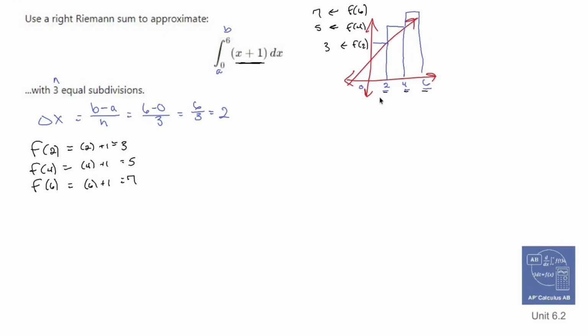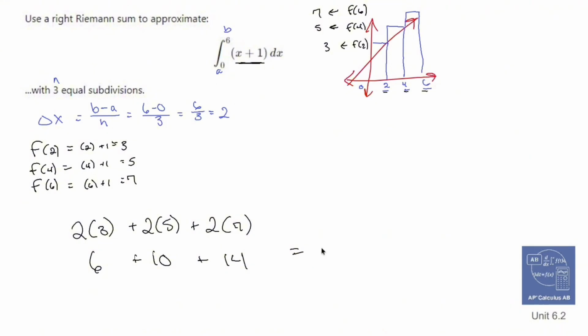Since each of these have a length of 2, I'm going to multiply 2 times 3, 2 times 5, and 2 times 7. Okay, so 2 times 3 plus 2 times 5 plus 2 times 7 is going to be 6 plus 10 plus 14, which is going to add up to a nice perfect 30.